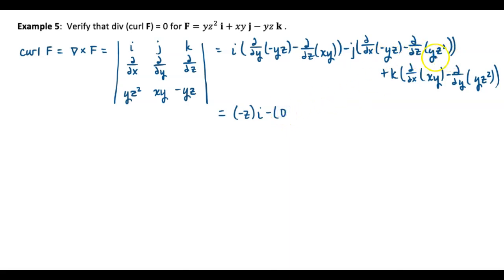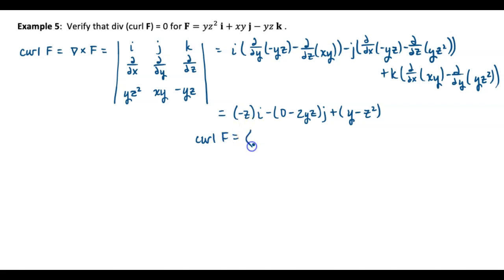Partial with respect to z of yz squared is going to be 2yz, so minus 2yz. That's our j component, plus our k component. With respect to x, the partial derivative of xy is just y. With respect to y, the partial derivative of yz squared is going to be z squared.